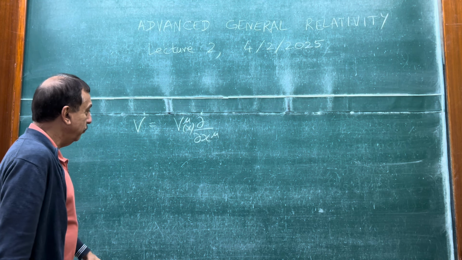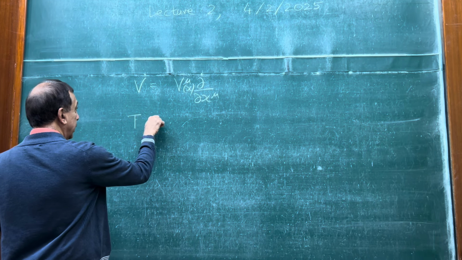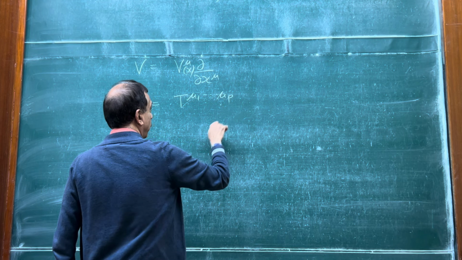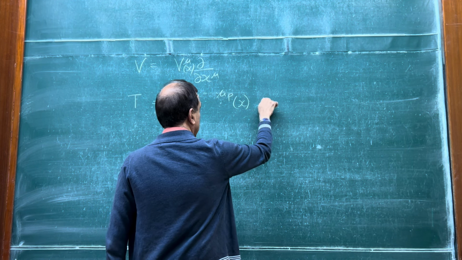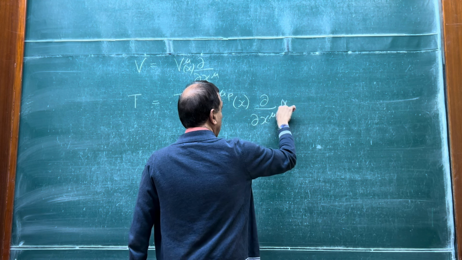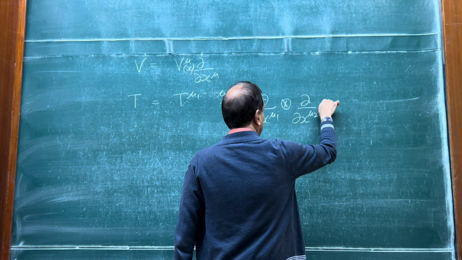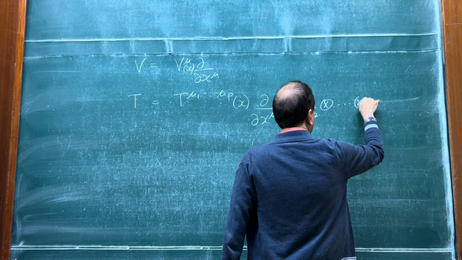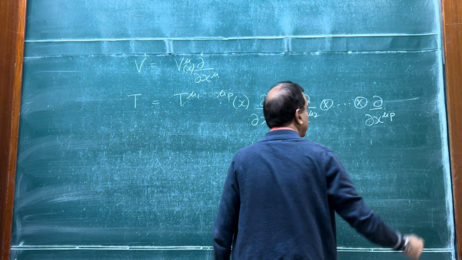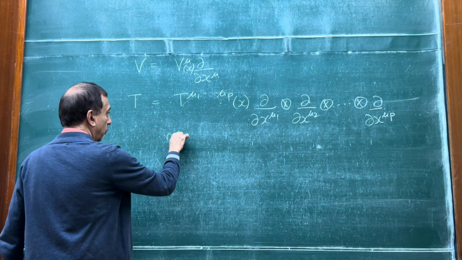So this is a vector field, but it's easy to generalize to a tensor field, T. And what I can do is just give it p different indices. It will still be a function of x. And here I'll take a formal tensor product of p terms, so it's a rank p tensor.